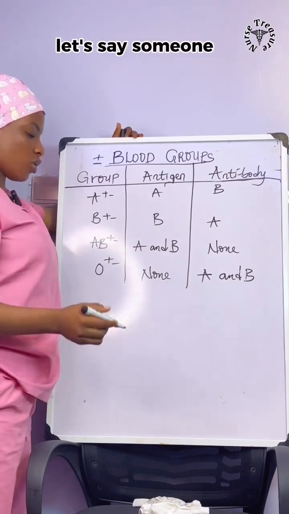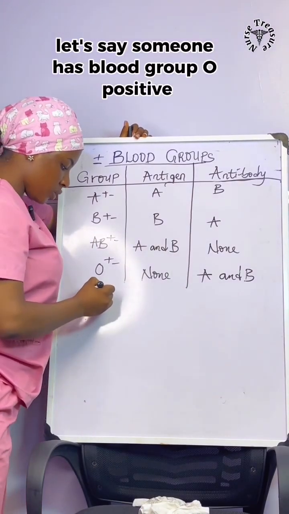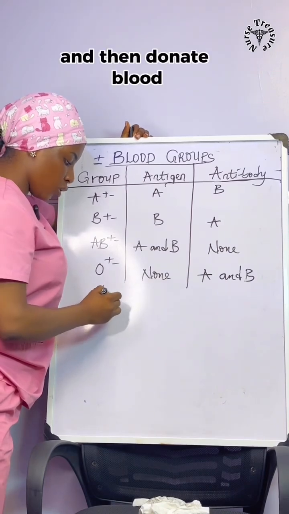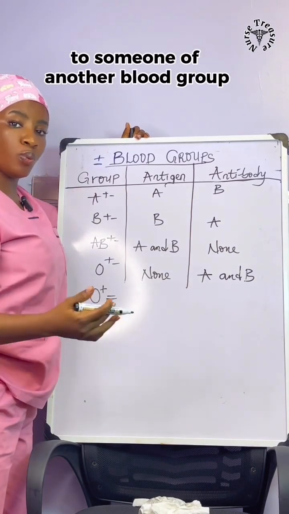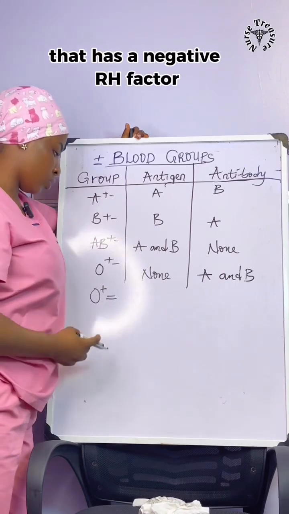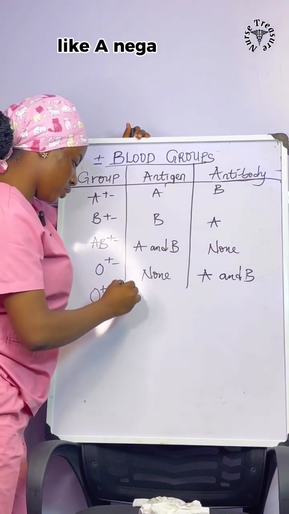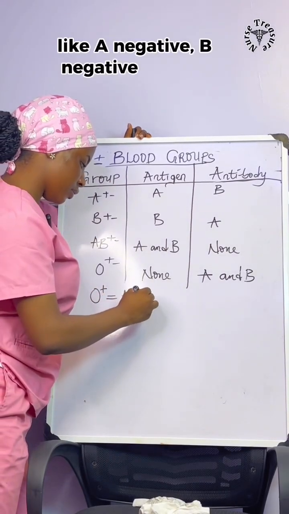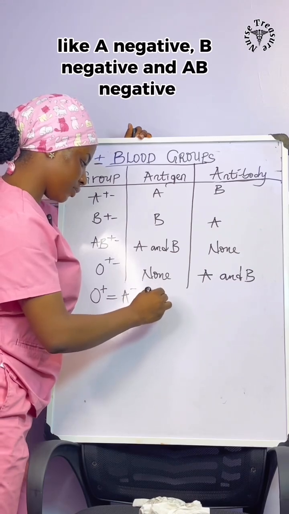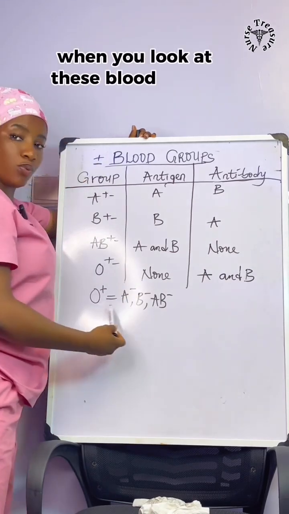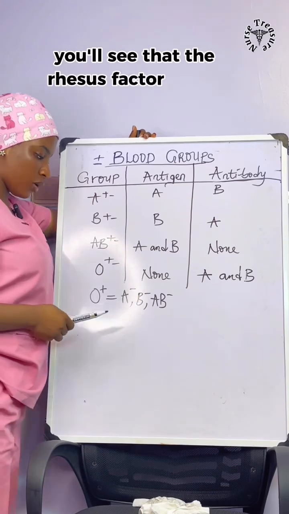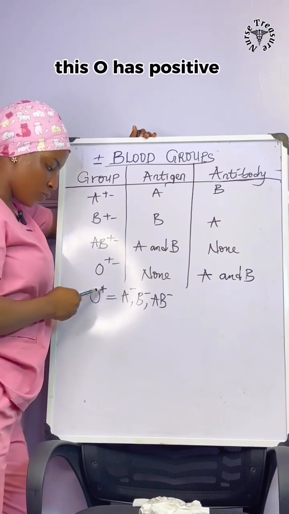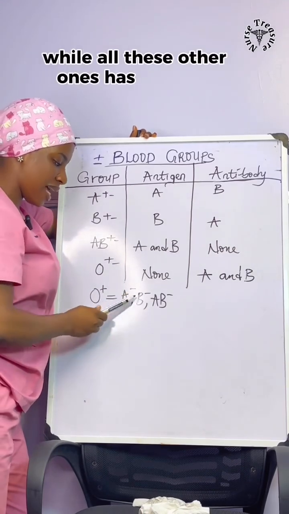Now, here is why I say that blood group O positive is not the real universal donor. Let's say someone has blood group O positive and then donates blood to someone of another blood group that has a negative rhesus factor, like A negative, B negative, and AB negative. When you look at these blood groups, you will see that their rhesus factor differs. This O has positive, while all these other ones have negative.